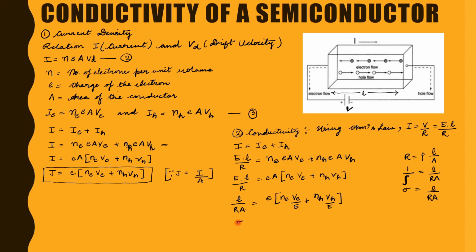So we will replace this with sigma, and VE by E, that is drift velocity of electrons by electric field, is nothing but mobility, which we write as mu. So sigma is equal to NE mu E plus NH mu H. The second formula we derived is this one. This is the derivation of the conductivity of semiconductors, and this is for the current density.